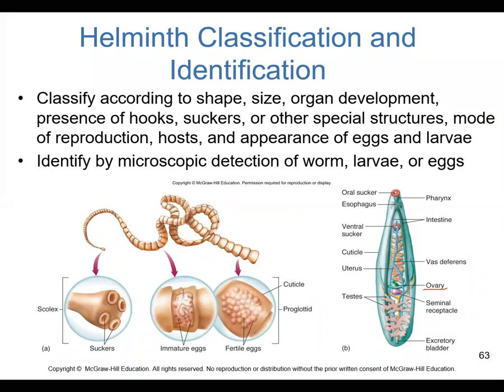They have both female and male reproductive systems. And look at it right here. It takes up almost half of the body, because they're very developed, because that's what these things do. They just produce lots and lots of eggs to spread around because that's really all they're worried about doing.